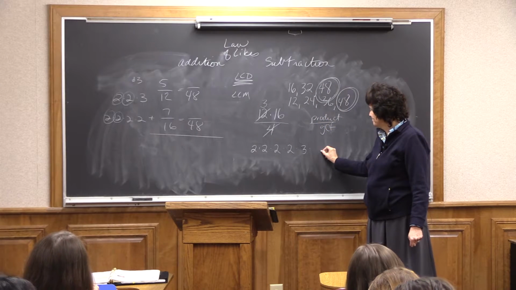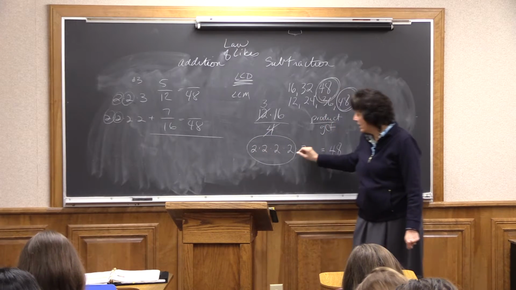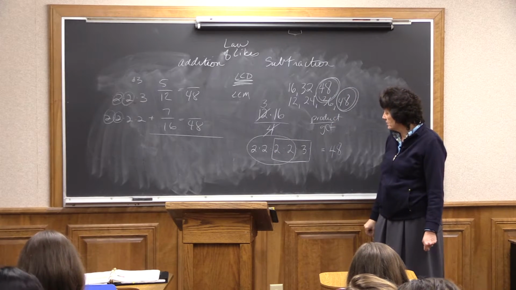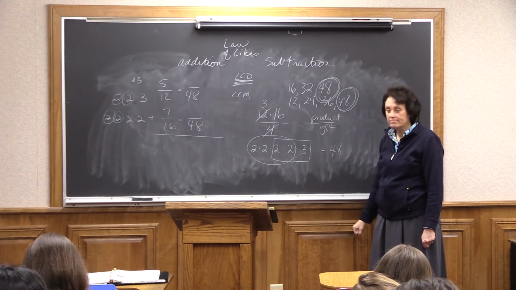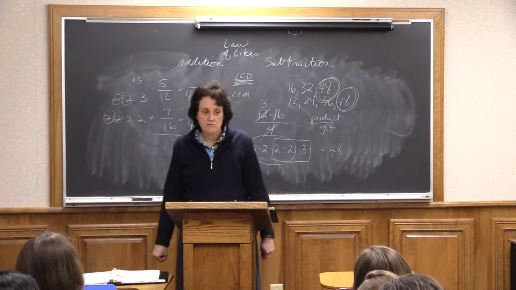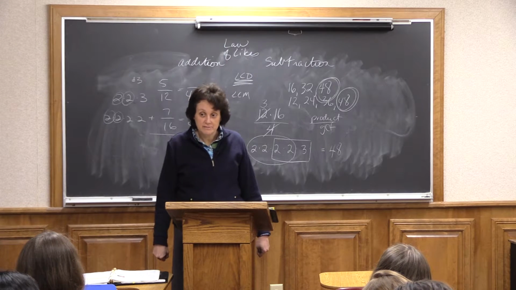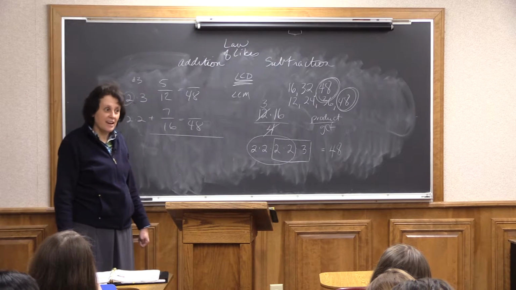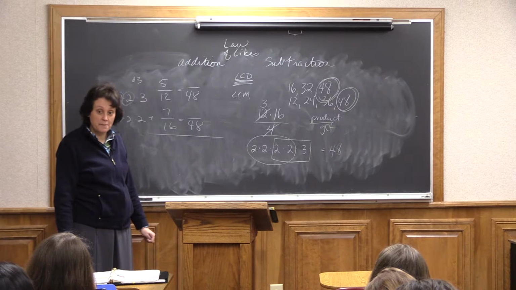There's 48. See how it literally contains the factors of 16, not 8, and the factors of 12. So there's all kinds of different ways you can come up with it. You don't want to be just trying random numbers, popping out the 32 and hoping it works. 32 doesn't work. Or going all the way up to 72 or something like that. Wait a minute, 72 is not a multiple of 16.